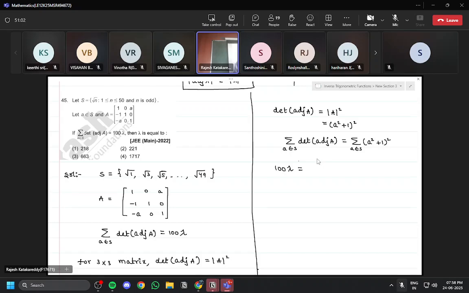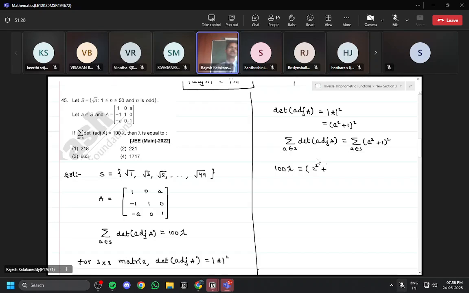If a takes these values, we need a square: 1, 3, 5 and so on up to 49. We substitute one by one. If I substitute a equal to root 1, a square becomes 1, 1 plus 1 is 2, so we have 2 square. Am I clear? Any doubt in this?